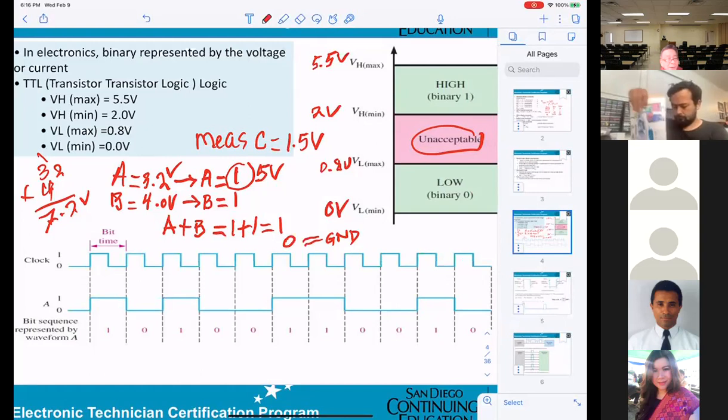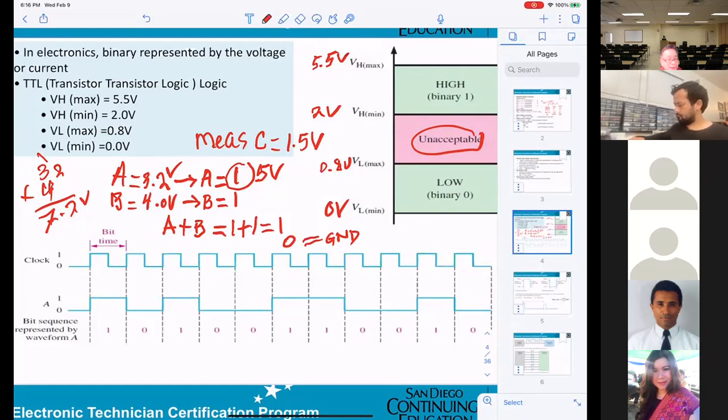Basically, whenever you're working in digital, you get the voltage and you must come up with the logic, either 1 or 0, in order to do anything else.